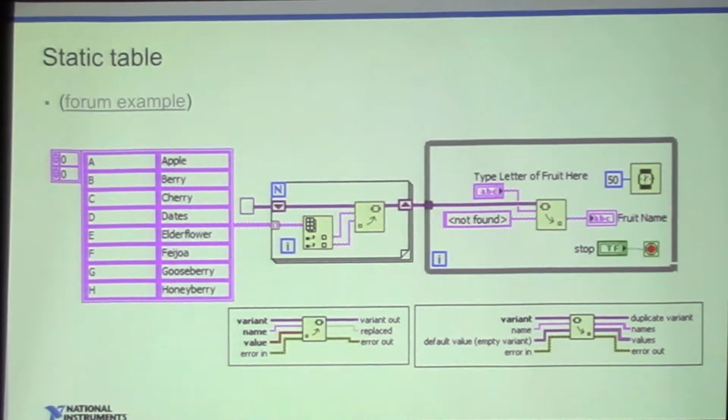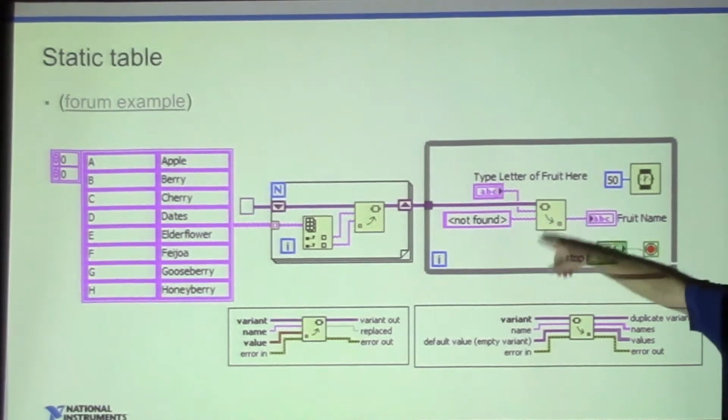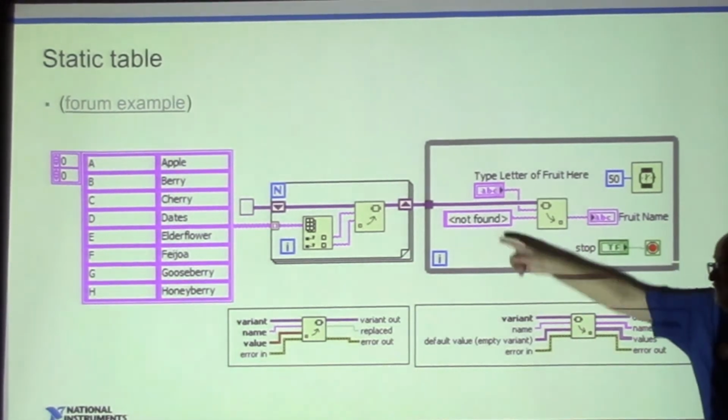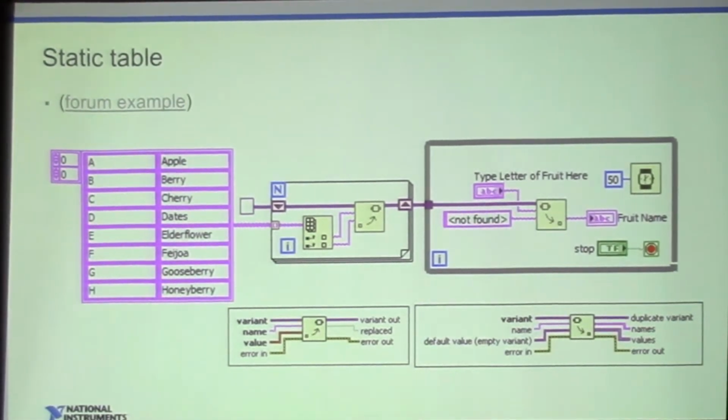We had a little database of key value pairs, and we put those in a variant as name, and then we can just look it up, and if it can't find it, it responds with the default value, which is the not found, right? And as soon as you type a new letter, it tells you if it's found or not, and what it found. Very simple code, right? I'm not going to show any complicated code in the talk, because nobody's going to remember it.